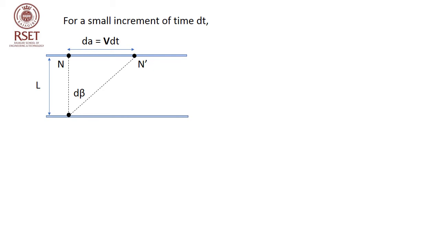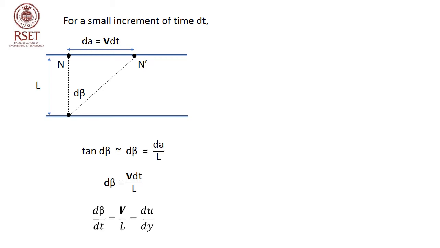Now what is tan beta here? Tan beta will be equal to V into dt, or dA, divided by L. So we can define that as tan d beta.